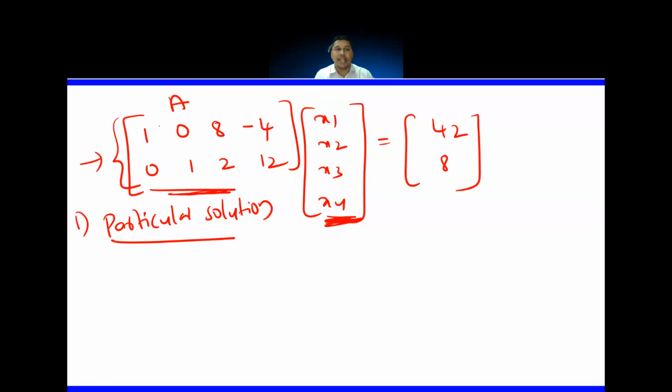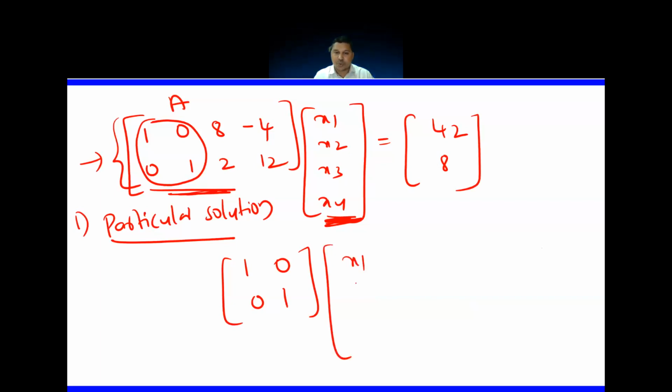Now, when you convert that into reduced row echelon form, you can directly give the solution as something like this. When you have an identity matrix, with 42, 8 here, you take 1, 0, 0, 1, and you can have equations x1, x2, x3, x4 equal to 42, 8.